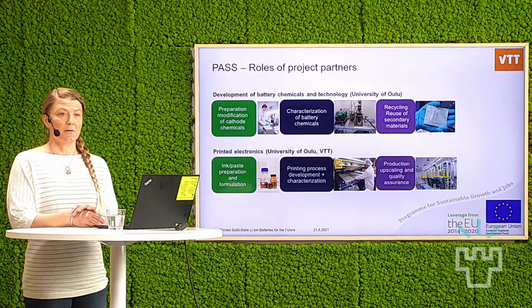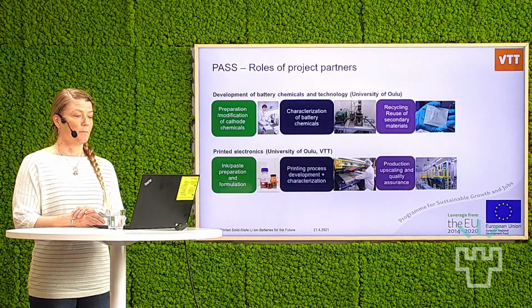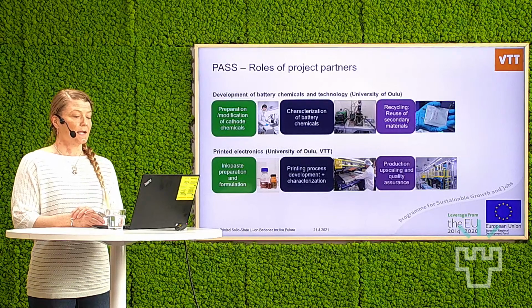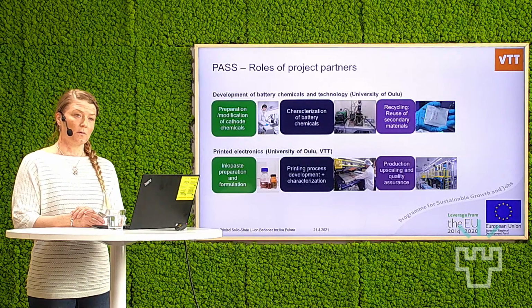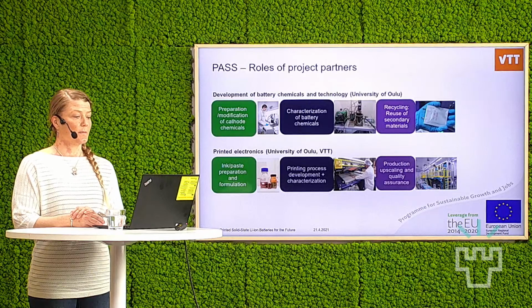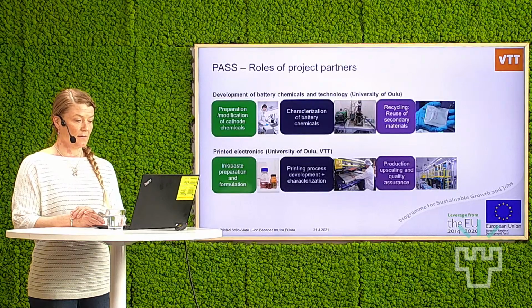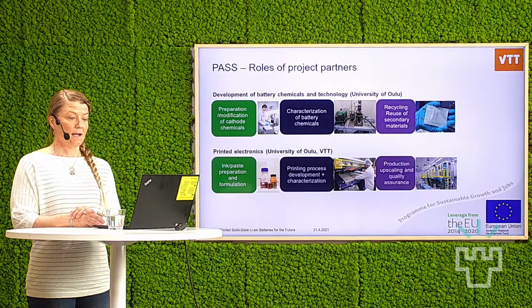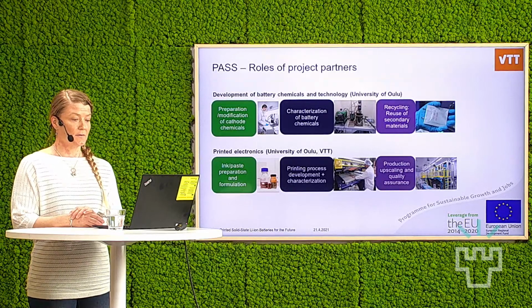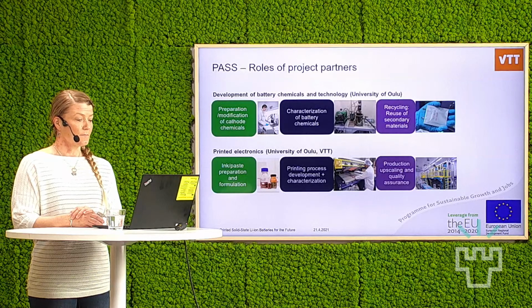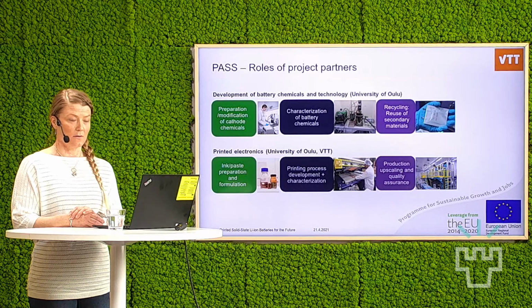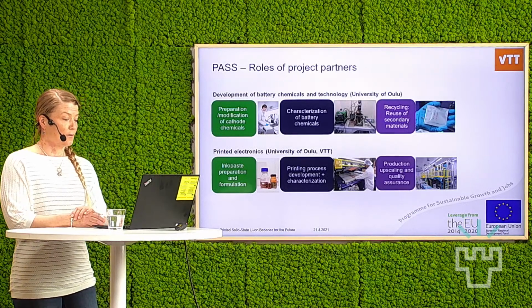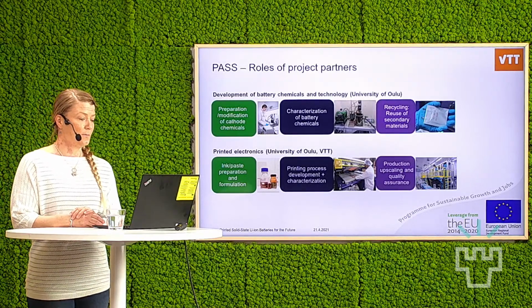Within this project, the roles of project partners are listed in this slide. University of Oulu, so Ulla Lassi's group, is in charge of the cathode chemicals and the characterization of those, and also the recycling. Whereas at VTT, we are in charge of the printing in collaboration with the University of Oulu.